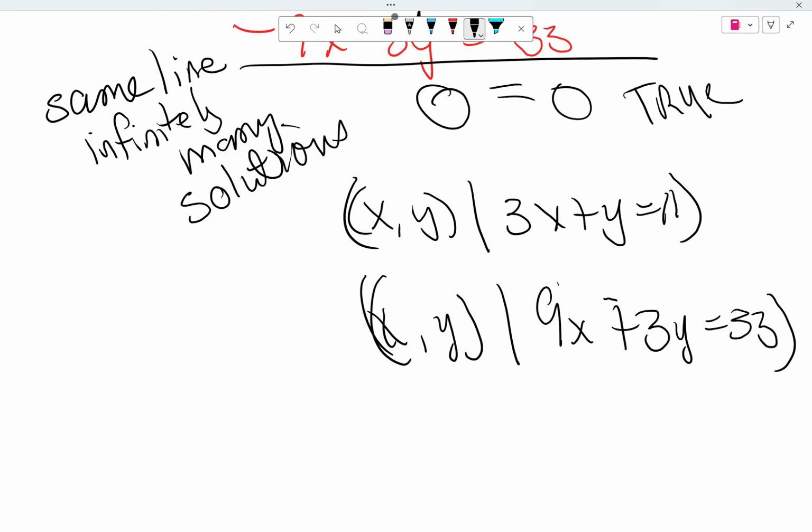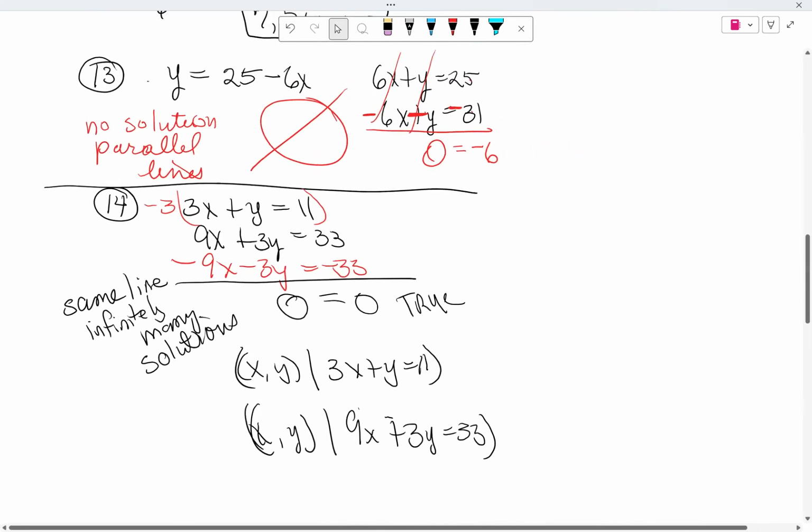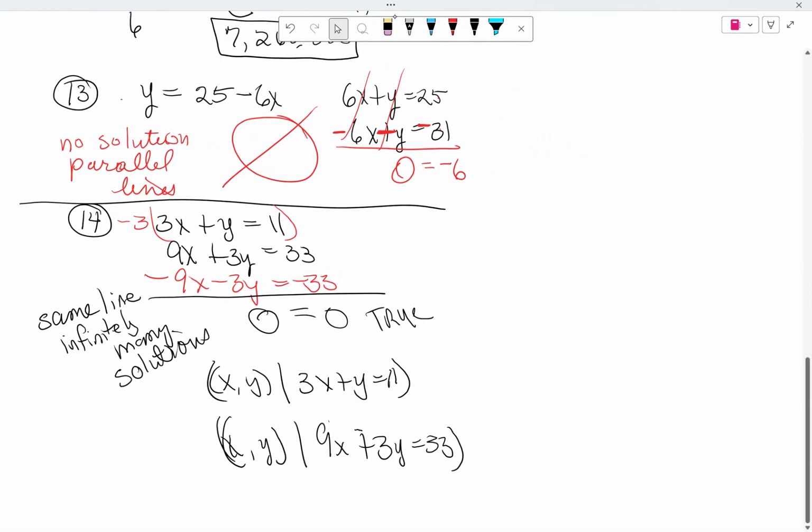All right, so that is also possible. So that's what the answers will look like respectively in the two weirdos, meaning you don't have one solution, but you have either infinitely a ton of solutions or no. So that's 13, 14.